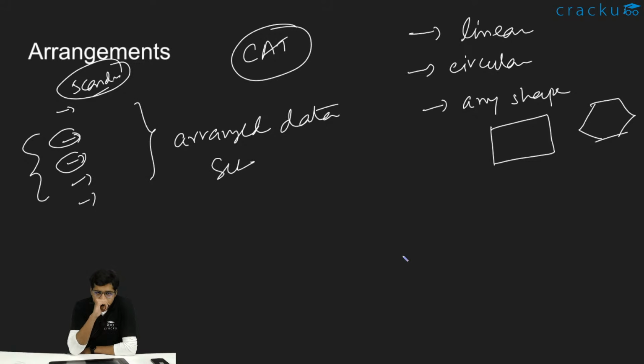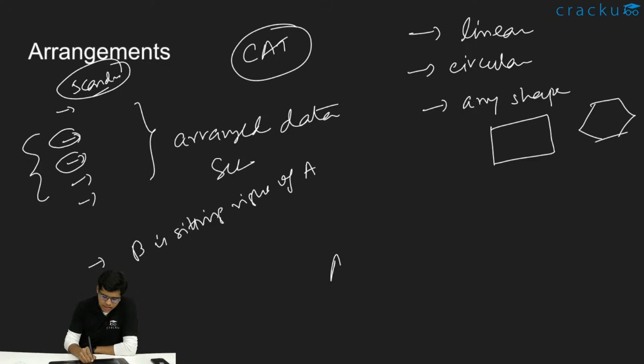For example, if I give 2 conditions: a person B is sitting right of A. Here is A, let's say A is facing north. So right of A means here.